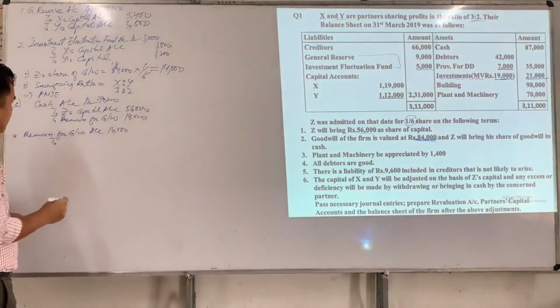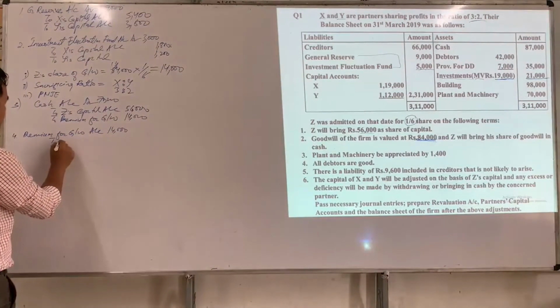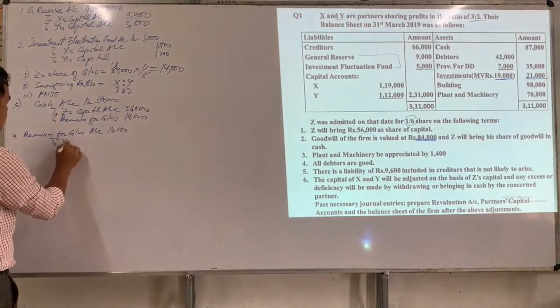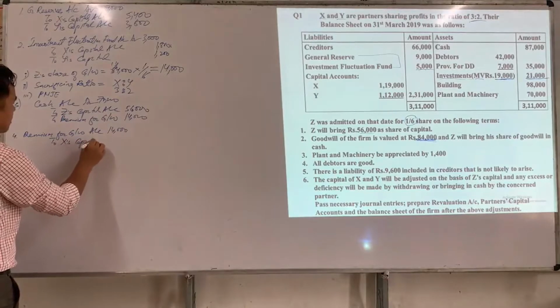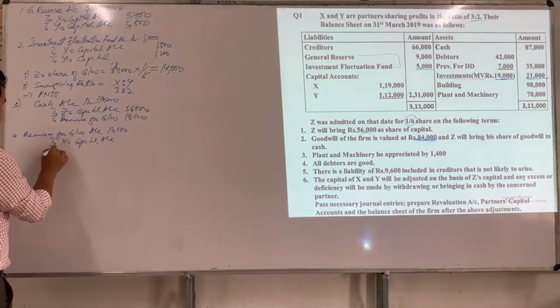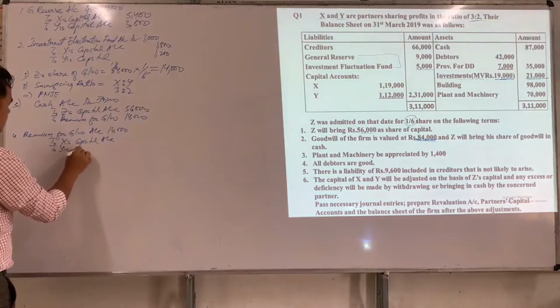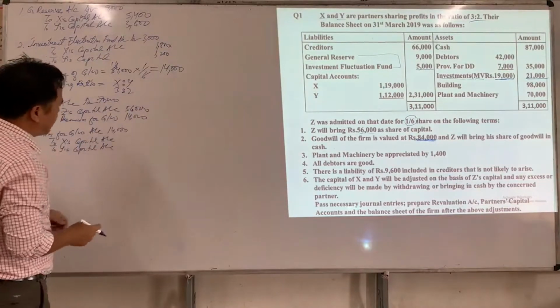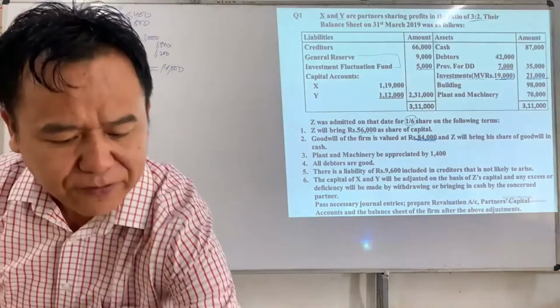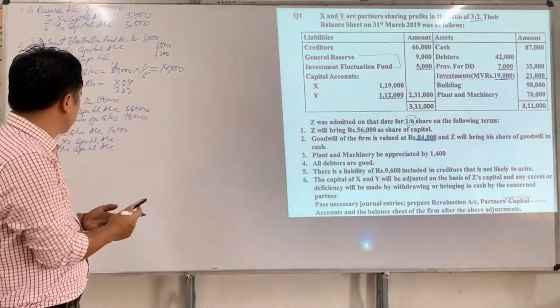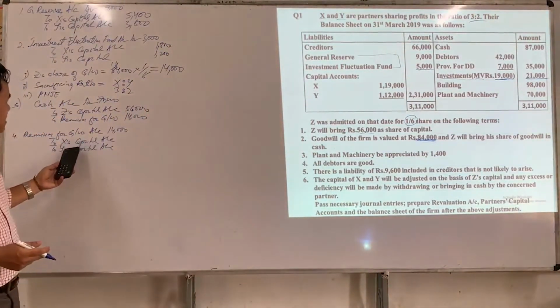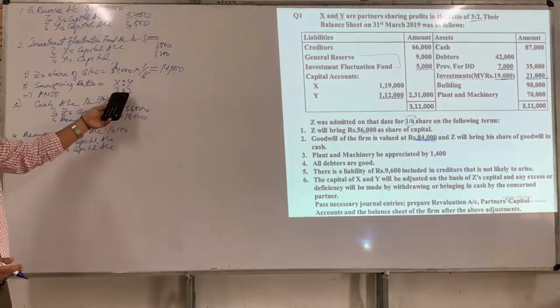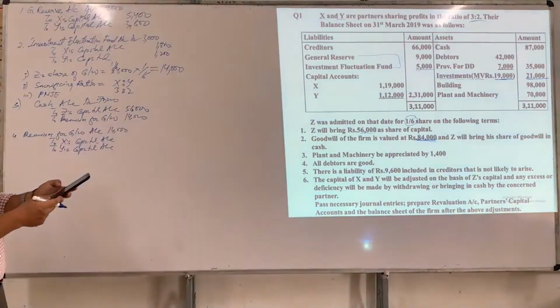Yes, X and Y. So the premium amount should be transferred to the sacrificing partners, X's capital account and Y's capital account. What is their sacrificing ratio? Yes, 3:2. So 14,000 should be transferred to X and Y in the sacrificing ratio of 3:2.